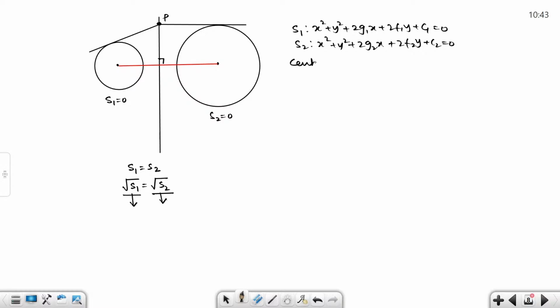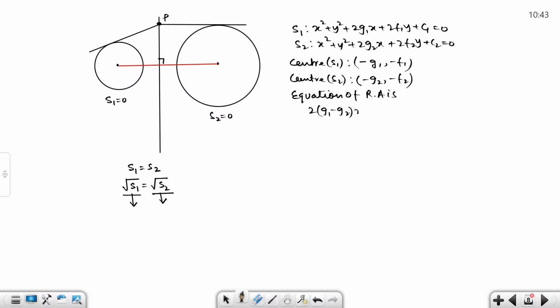The center of S1 is (-G1, -F1), and the center of S2 is (-G2, -F2). Am I correct? And the equation of the radical axis is 2(G1 - G2)x + 2(F1 - F2)y + C1 - C2 = 0.